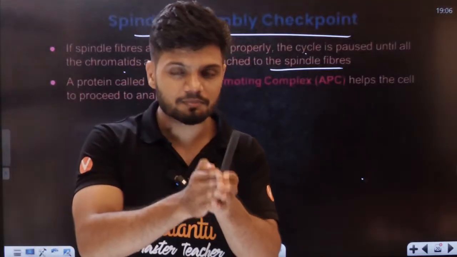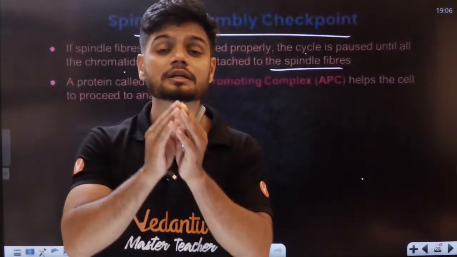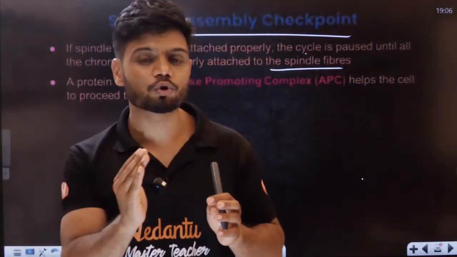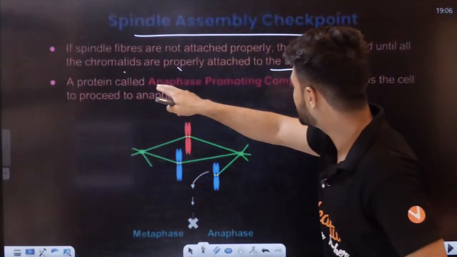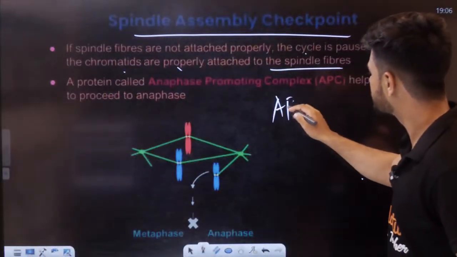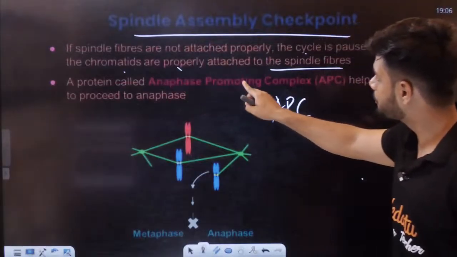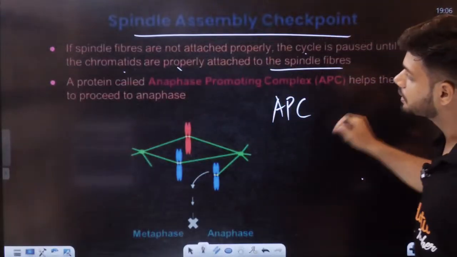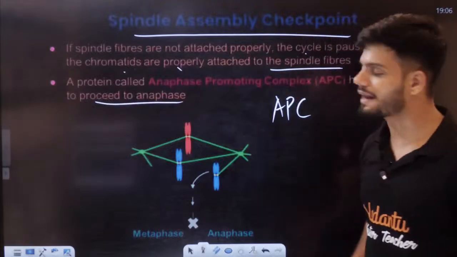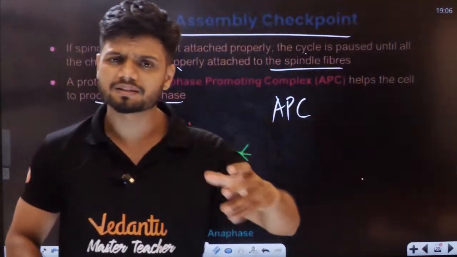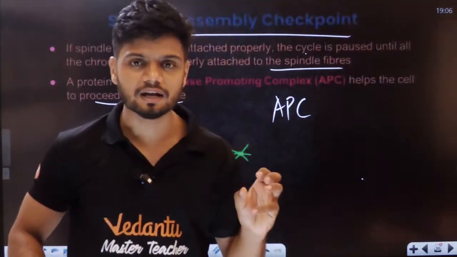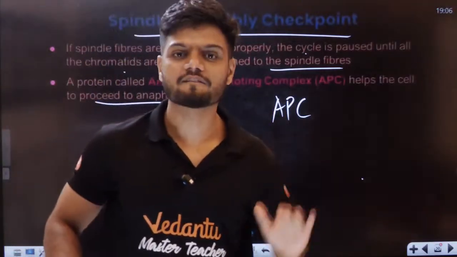After metaphase, it will make sure all the centromeres, all the kinetochores are attached to spindle fibers. A protein called APC, the anaphase promoting complex, helps the cell proceed to anaphase. Unless we get approval, the cycle is paused; APC will come and push it to anaphase.